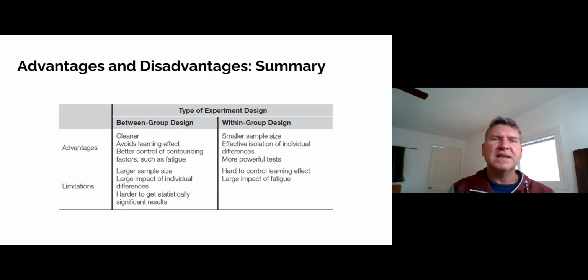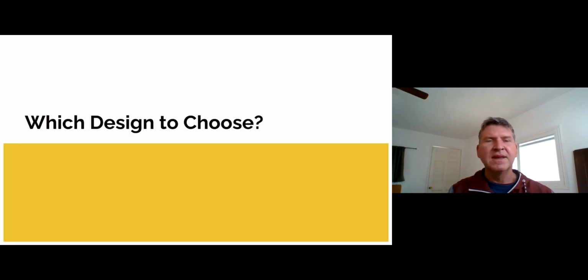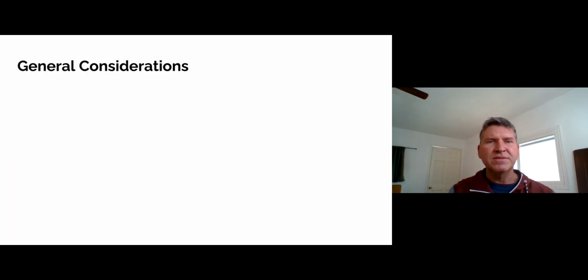So here is a summary of the advantages and disadvantages of each type of experimental design. We talked about between group and within group. You can see neither one is without advantages and neither one is without limitations. So this makes it more challenging to pick a study design. So which one should you choose?